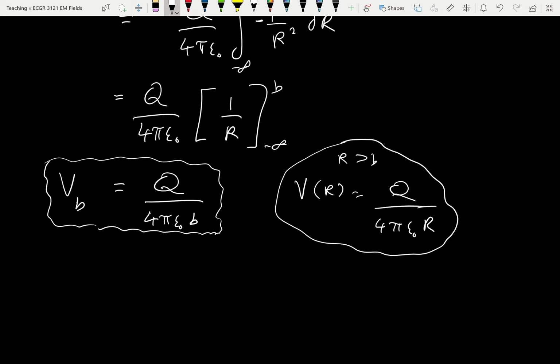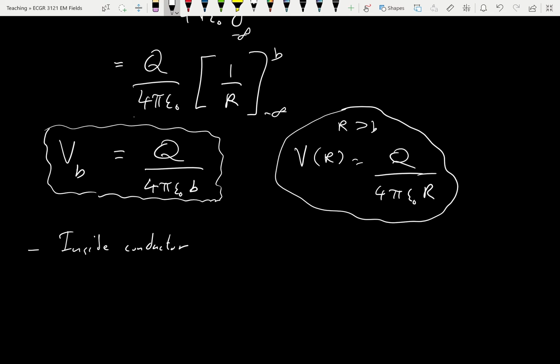Okay. And what did we say about potential inside the conductor? So the potential at the surface of the conductor is going to be this. We said that the potential inside the conductor will be the same as at the surface. Effectively, it will be the same at every point in the conductor, right?